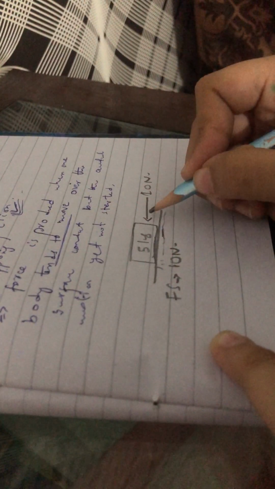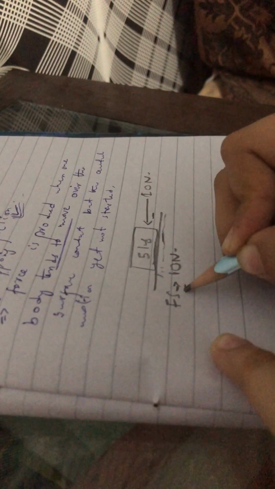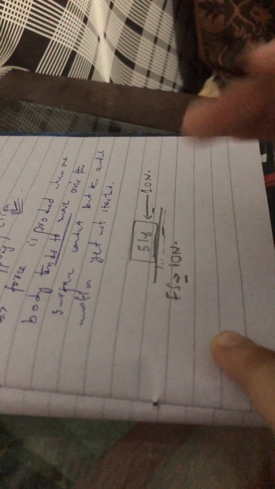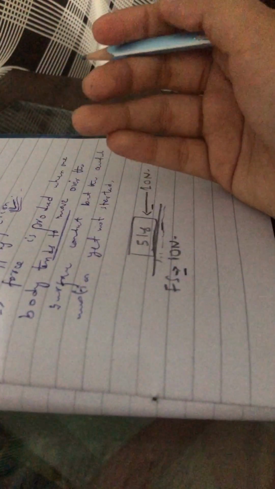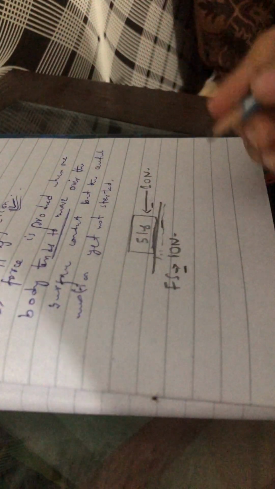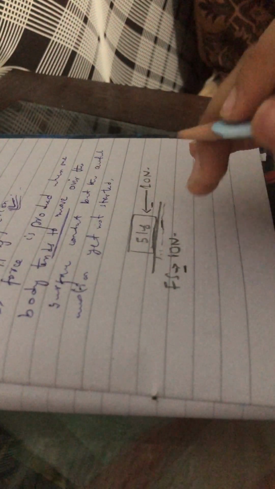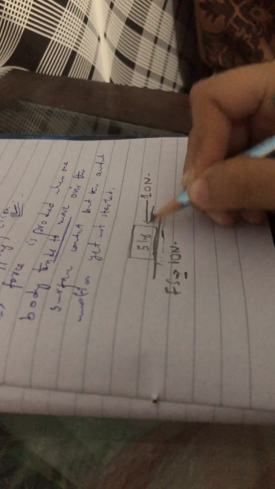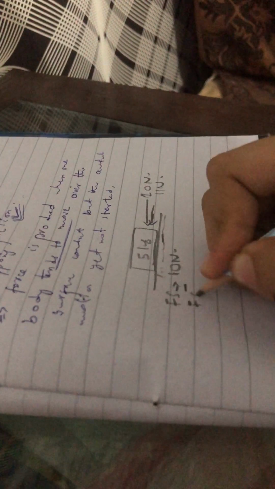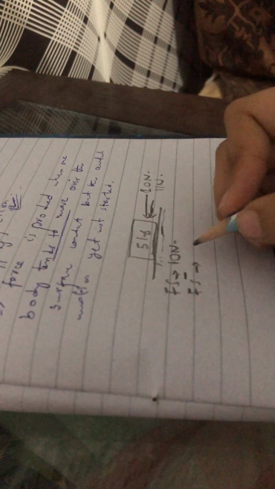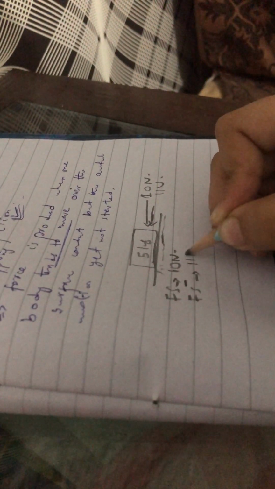Why? Because the normal force and the static friction are equal, so the body is in a static position. Suppose we apply a force of 11 Newton, and the static friction is also 11 Newton.